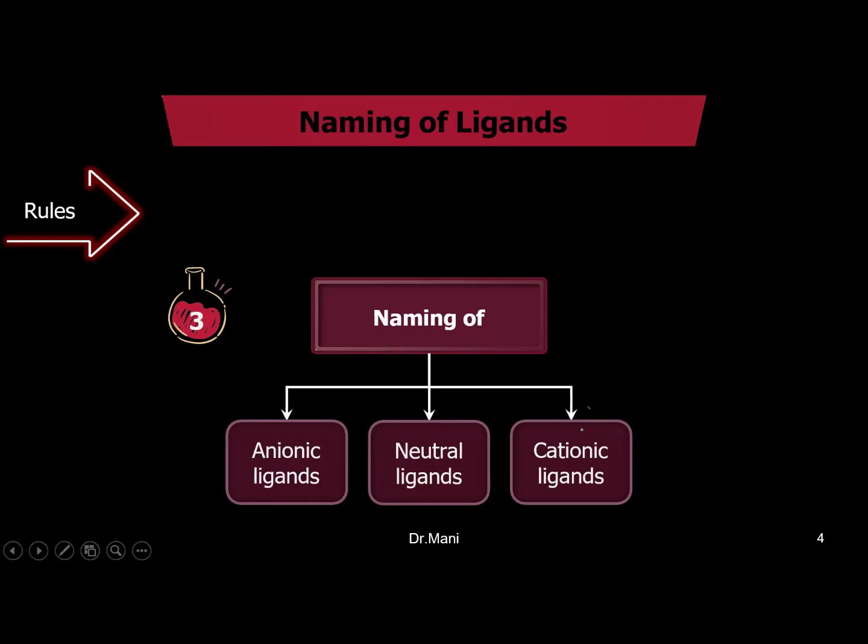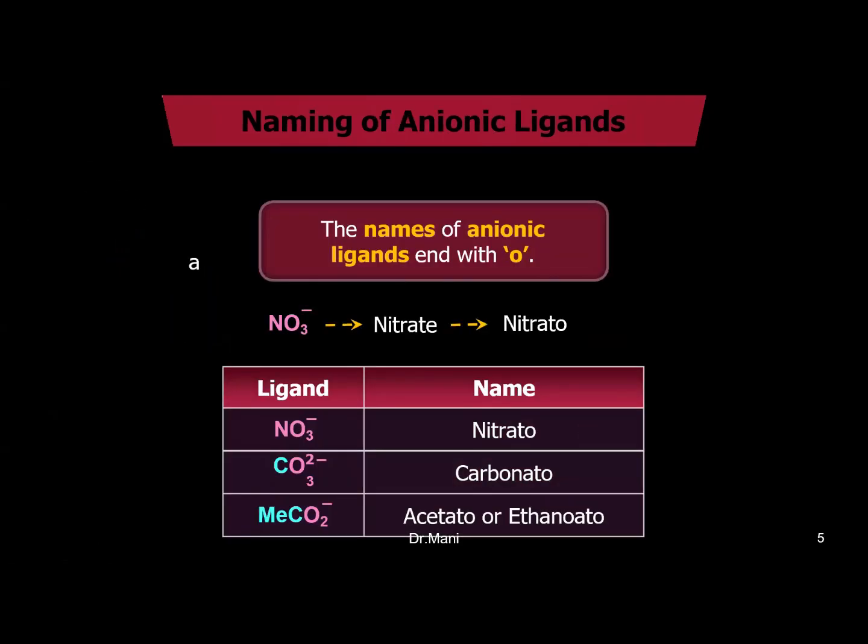How do we name all these? If you have anionic ligands, the name ends with the letter O. For example, nitrate: the ending should be O. NO3 minus is nitrato, and CO3 2 minus, carbonate, is changed to carbonato.